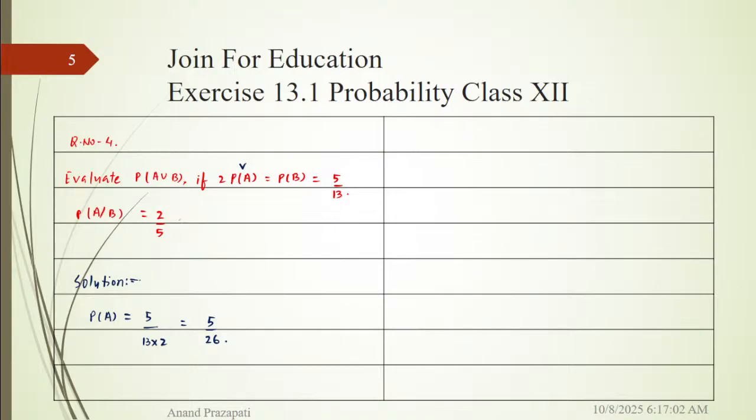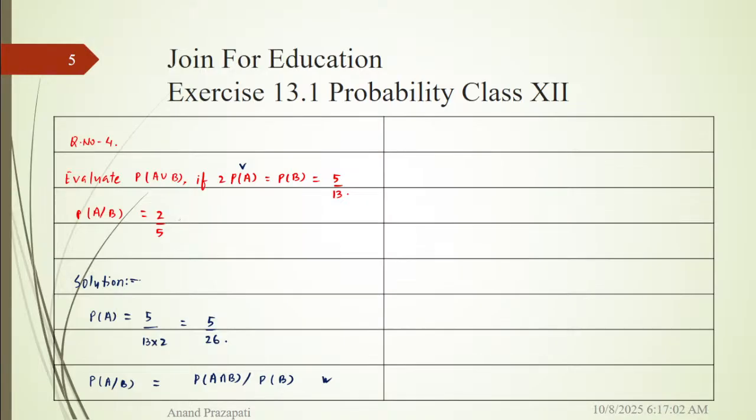Again we recall probability of A by B equals probability of A intersection B by probability of B. I hope there is no problem understanding up to this step. We recall the formula for this one.